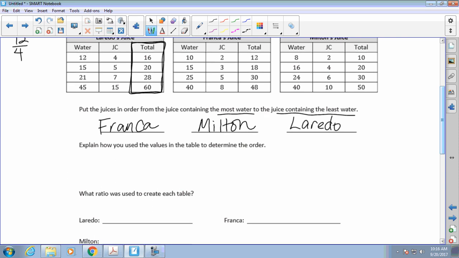Okay, so explain how you use the values in the table to determine the order. So we simplified all those values, right? So how can we say this?